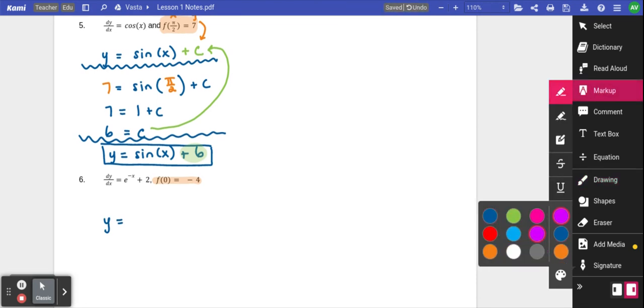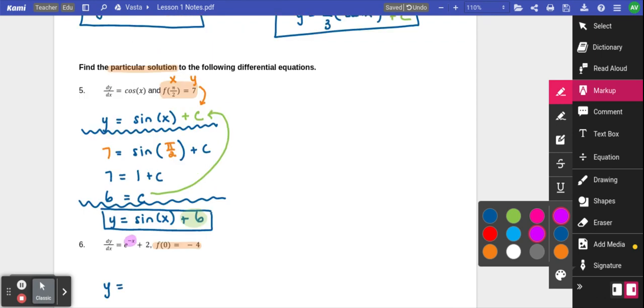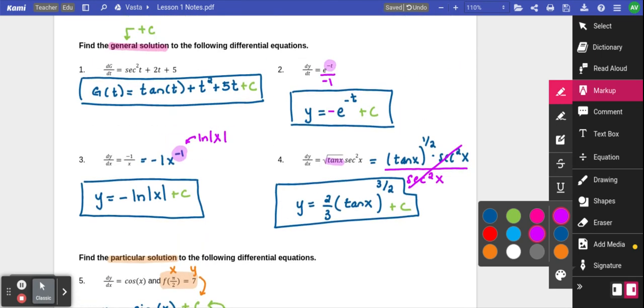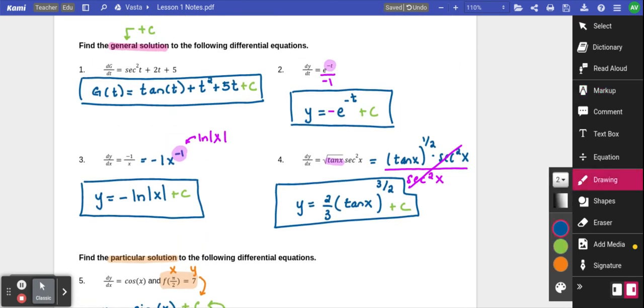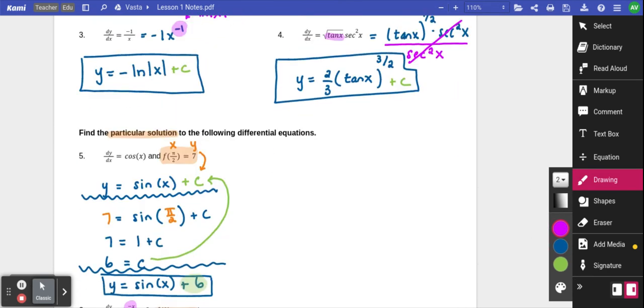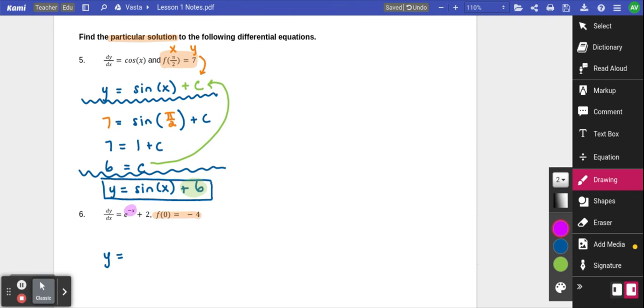Now, when I see this negative x here, just like I saw in the problem I did up at the top, I know that the chain rule would have happened because it's not just an x, it's a negative x. So step 1 is to divide by the derivative of the inside, which is negative 1. Now, nothing cancels here, so I'm just going to do the antiderivative.